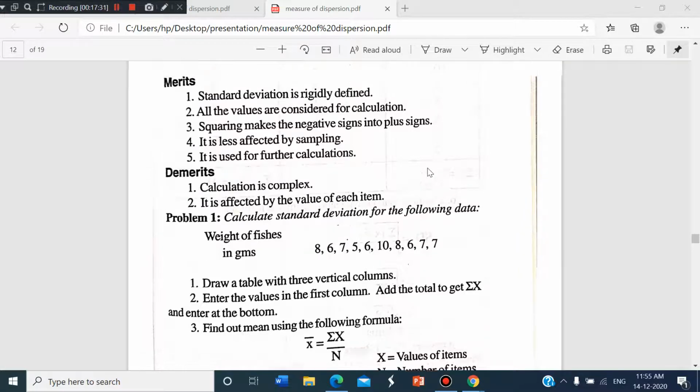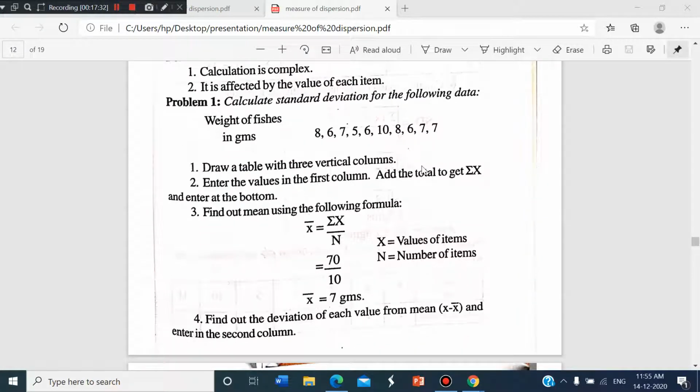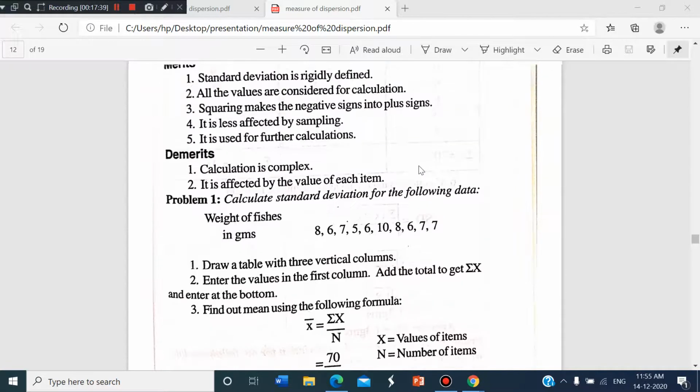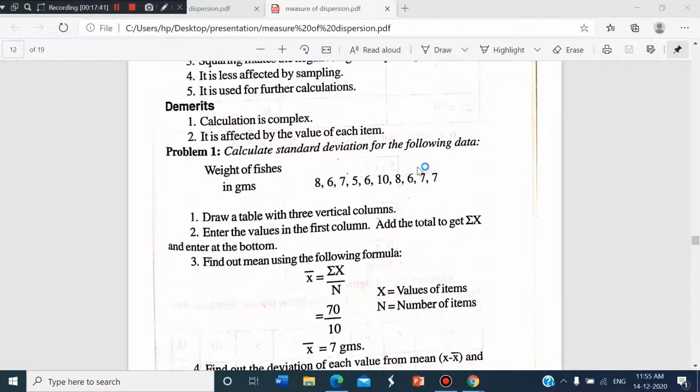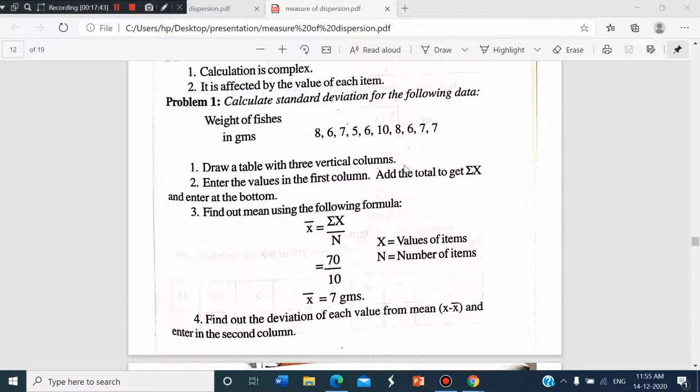For this, first you have to calculate the x bar, that is the mean. The mean means summation x upon n. X is the value of item and n is the number of items. How many items are there? 1, 2, 3, 4, 5, 6, 7, 8, 9, 10 items. Number of items is 10. What is summation x? The value of all these items put together.